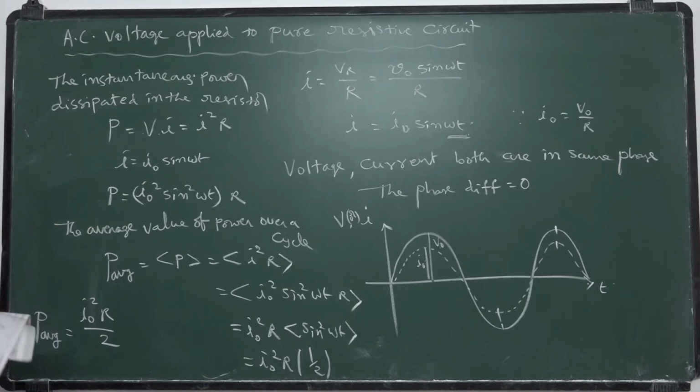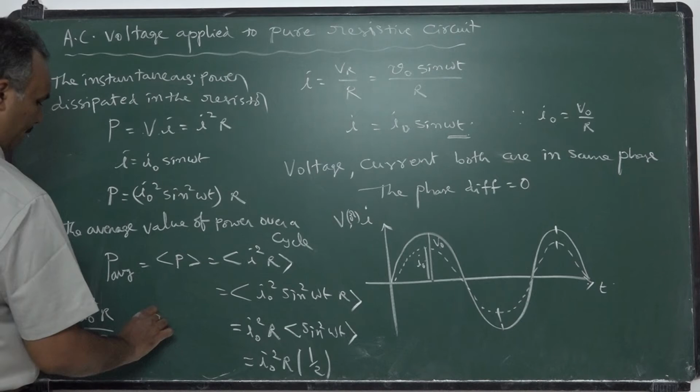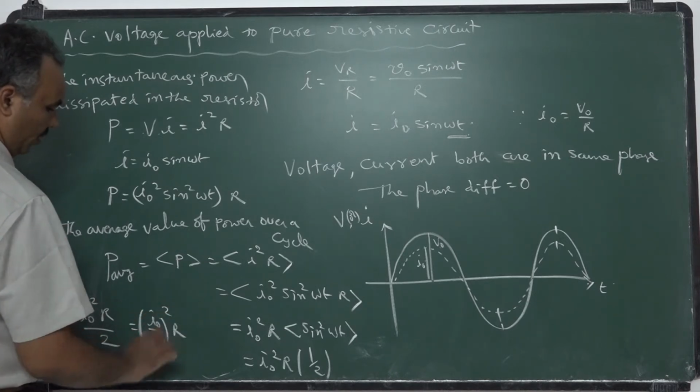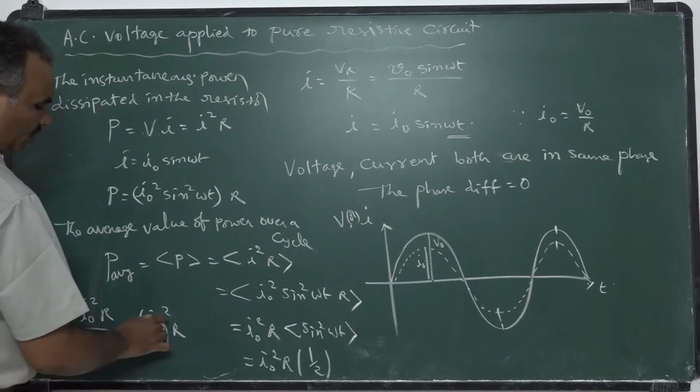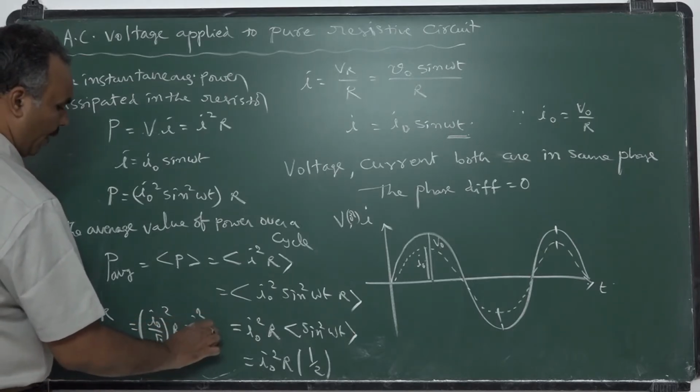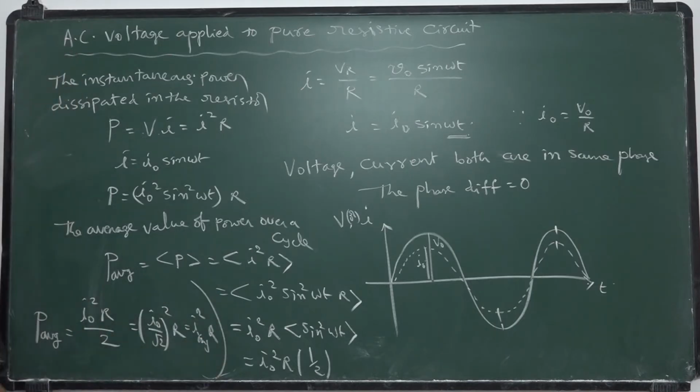It can be written as I naught by root 2 whole square into R. Peak value by root 2 is IRMS. So IRMS square R will give the average power.